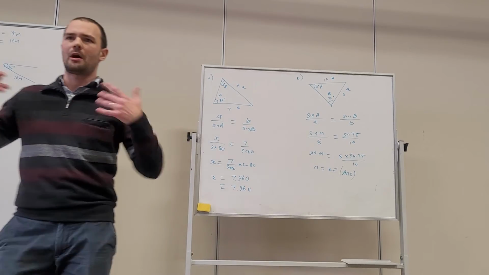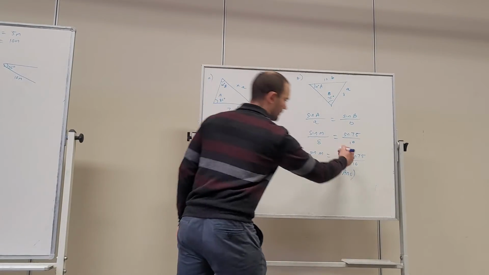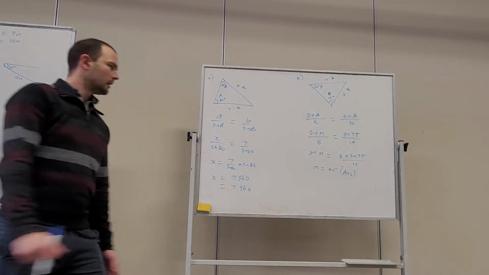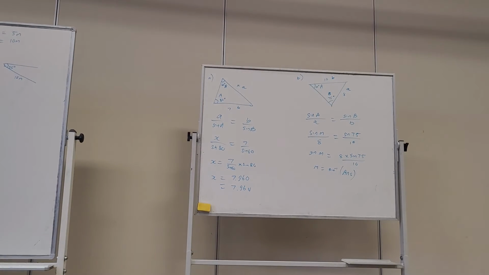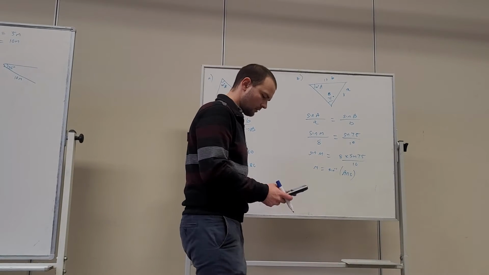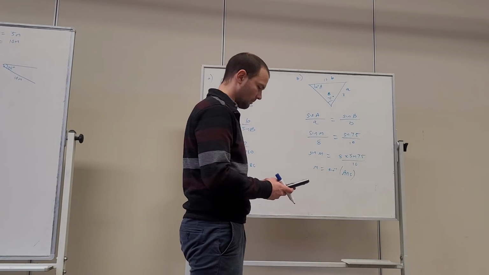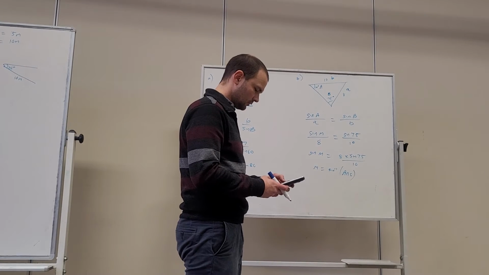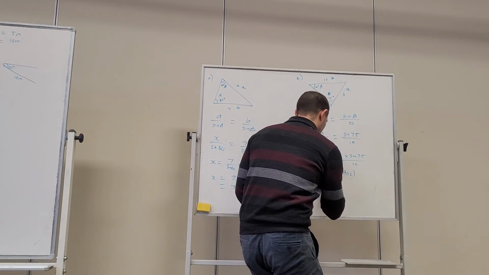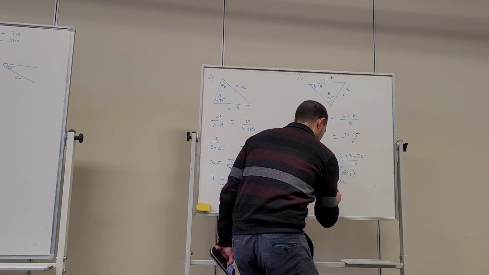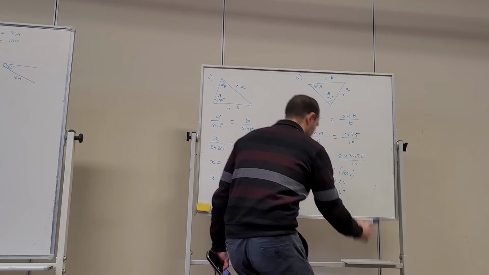You can do it in one big step, inverse sine of this whole thing in brackets. I'll crunch it now. I think it was 50.6 or something. .60, which is 50.6 degrees.